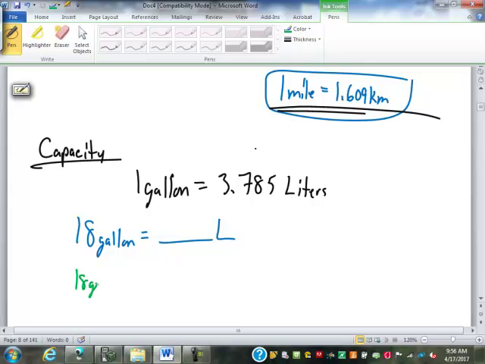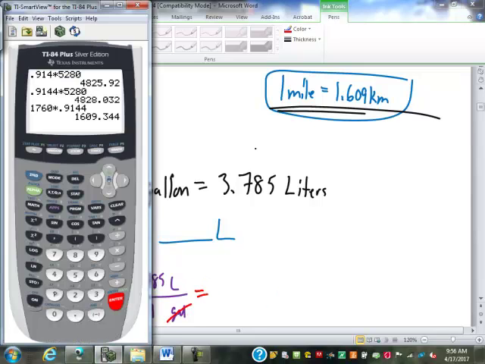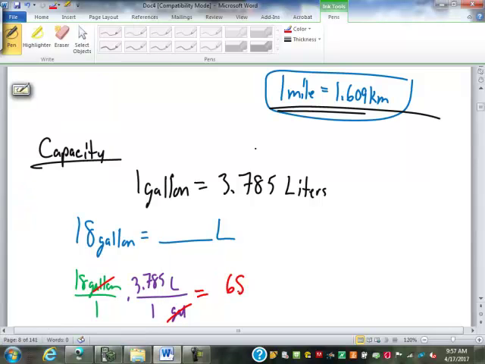Well, 18 gallons over 1. We'll put gallons on bottom, liters on top. 1 gallon, 3.785. Gallons cancel out. It's 18 times 3.785. 68.13, you are correct. So it's a little bit over a 68 liter tank for an 18-gallon tank.